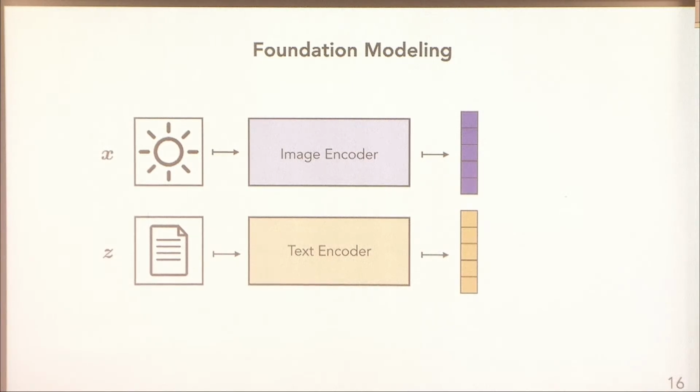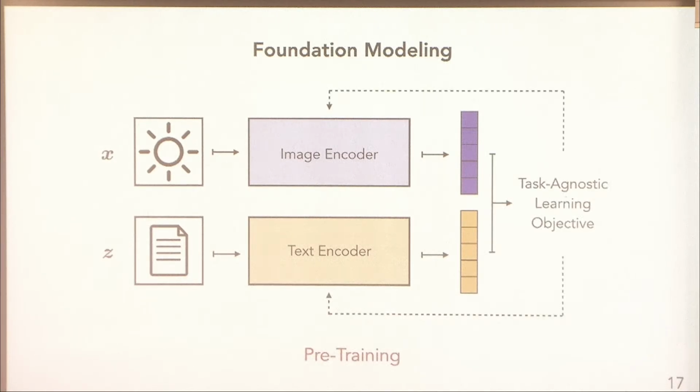So visual domain. So we have some X, and say it's an image of a sun, and we pass it through some image encoder, we get some vector representation of that image. And then we have some other modality. So here, for simplicity, I'm going to assume it's text, so it's natural language. And we pass it through some text encoder, and we have also another representation.